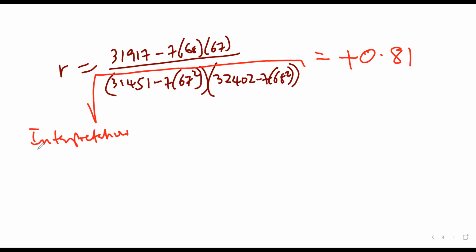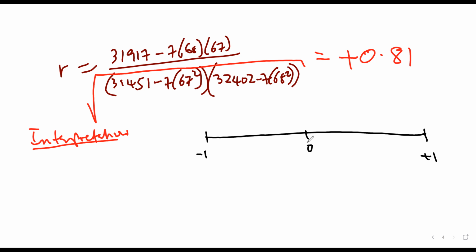As we mentioned earlier, the correlation coefficient is always a number between -1 and +1. So meaning that 0 is at the center there. If your correlation coefficient is -1, then we say that there is perfect negative correlation.